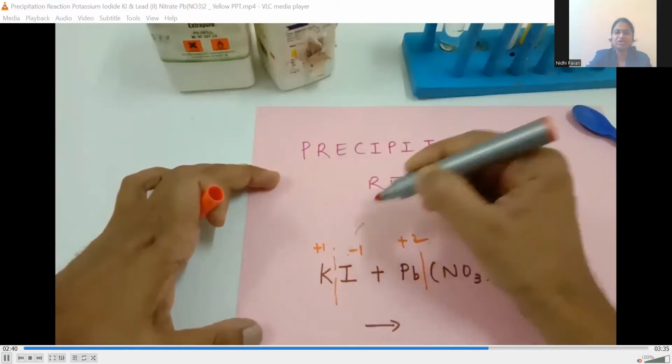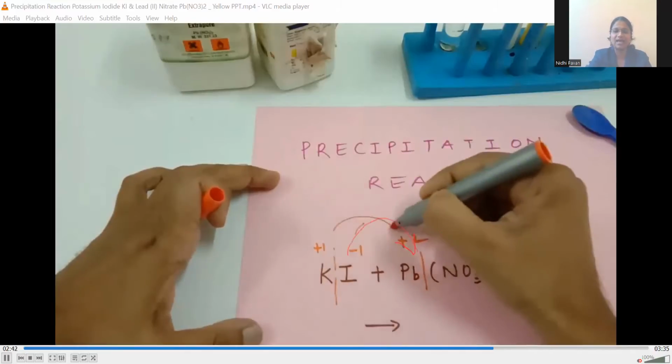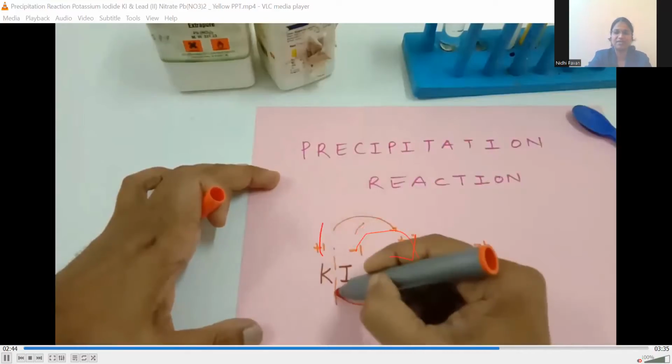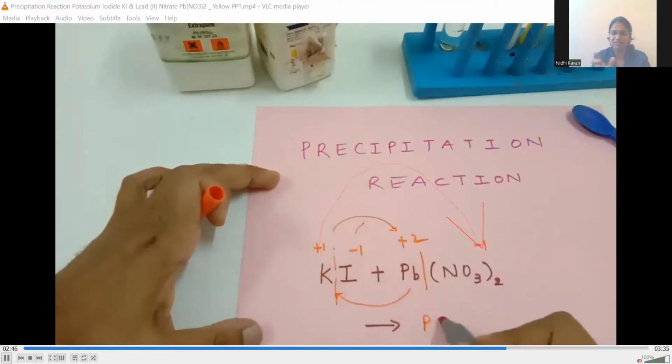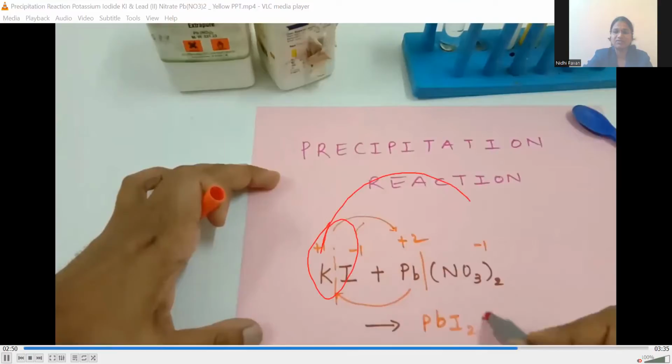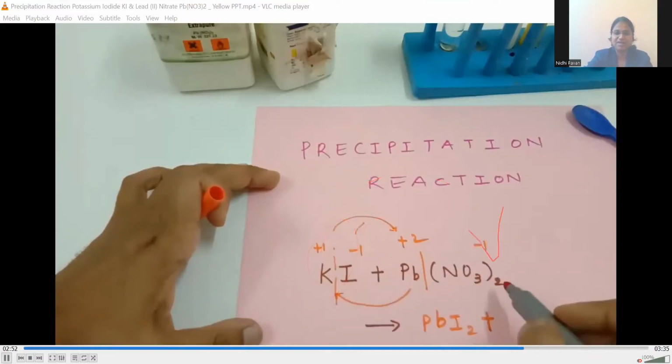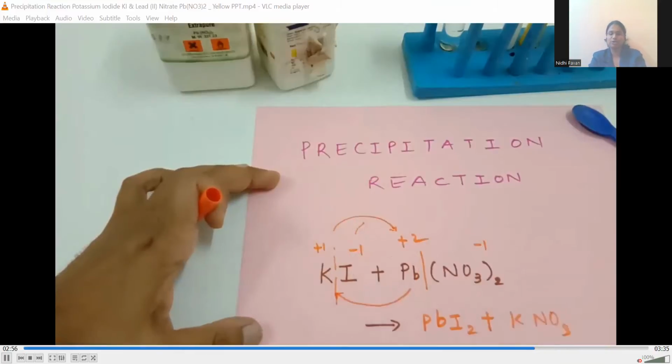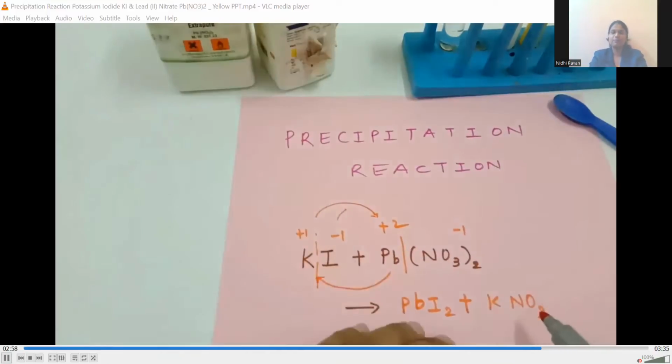So there will be an exchange between cations and anions between the reactants. This K+ will react with NO3-, and this Pb2+ will react with I- to give lead iodide and potassium nitrate.